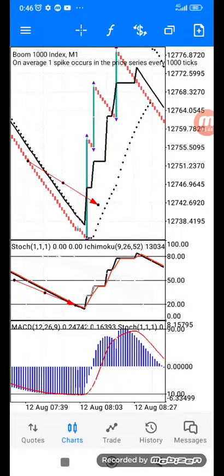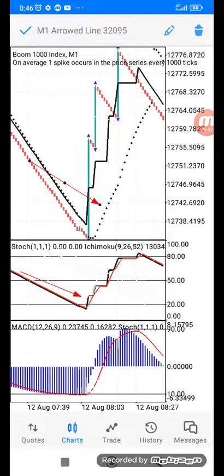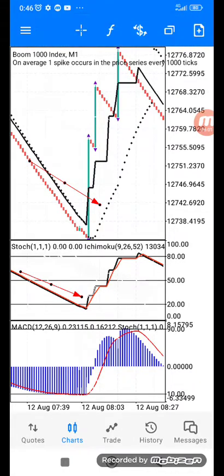Now, the first thing we have been able to establish here is that our Ichimoku line and moving average, both indicators, are below the 20 level, which is the oversold region.